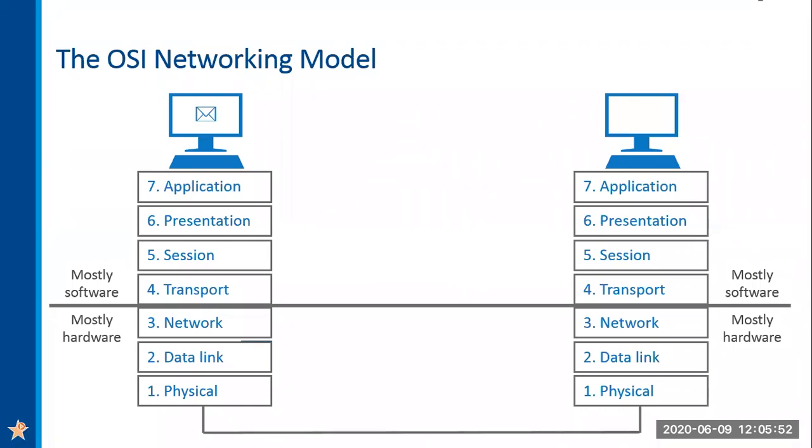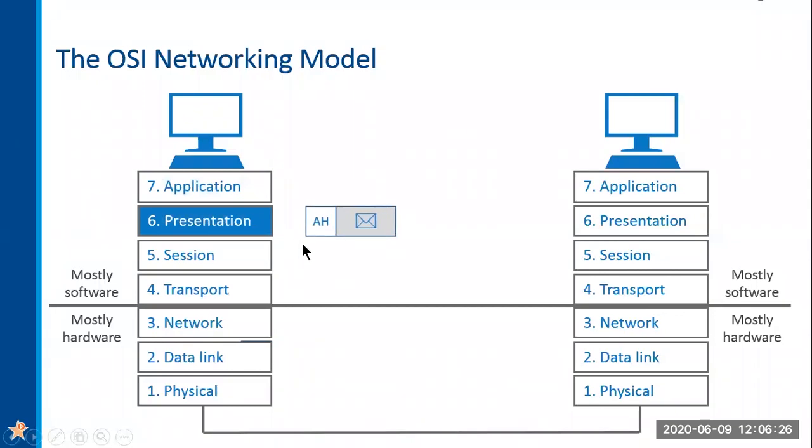Now, how is this going to work? Let's pretend that there's a sender of some data here on the left and a recipient on the right. The idea here is that when that sender, let's assume, is sending an email to a recipient, as soon as they click on the send button, their device will kick off the process of this communication, and each of the layers is now going to add instructions by way of the headers.